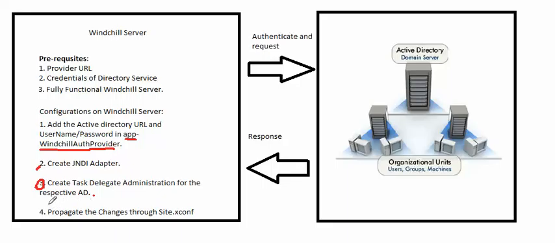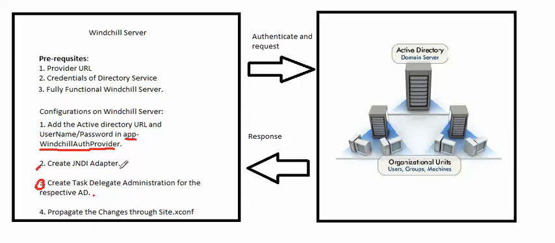Coming to propagating the changes in the site.xconf: it's like the heart of Windchill, where we give the property changes. In the JNDI adapters we provide the service name. We manually give the service name, based on the user.